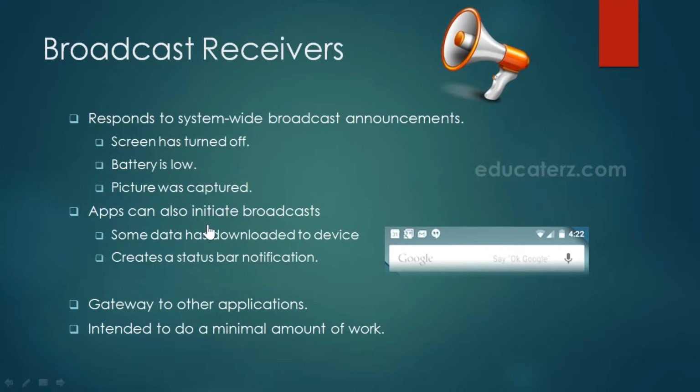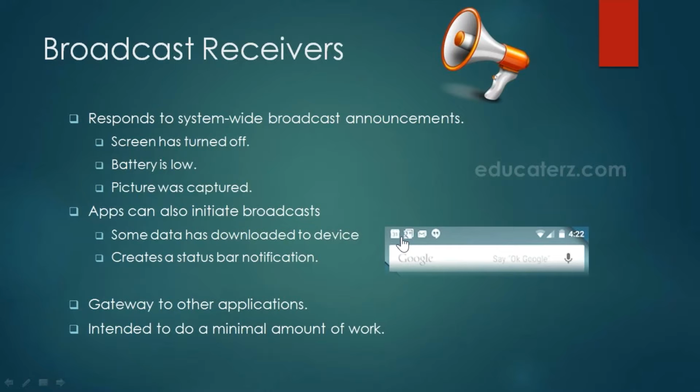The application can also send broadcasts, like some data has been downloaded by the service, or creating status bar icons for any of your applications, WhatsApp, Gmail, Facebook, whatever. Mostly we use Facebook, WhatsApp, and Gmail in our regular life, so you get notifications in the status bar like this.